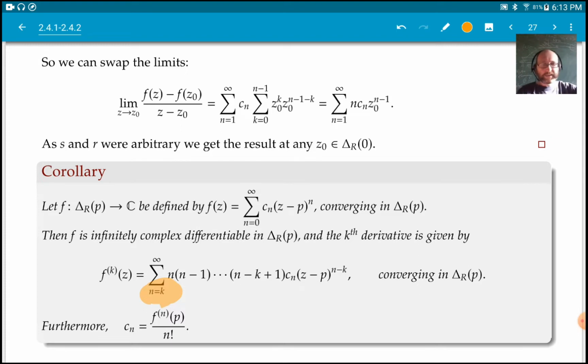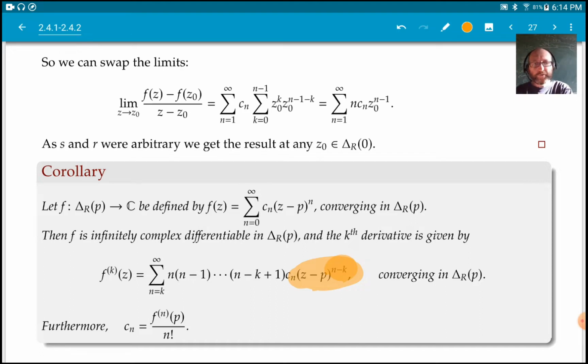So after k derivatives, I'm starting at index k. Once you're at k, this is the 0 power, so I just get the ck, with some mess in front of it. And all the other powers are 0, because this z minus p to whatever power is 0, since n minus k is then bigger than 0.